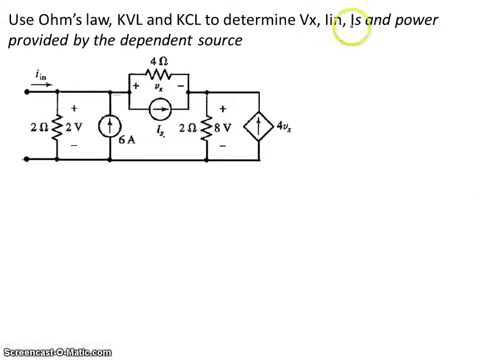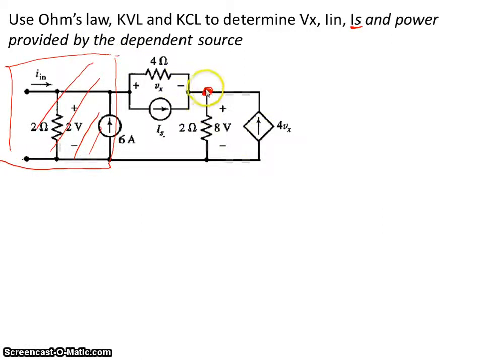Now let's find this source current. In order to find this source current, we're going to do the analysis on this node right here, so we don't really have to worry about this side of the circuit. Everything is going to be done on this node, and so we're going to write Kirchhoff's current law.